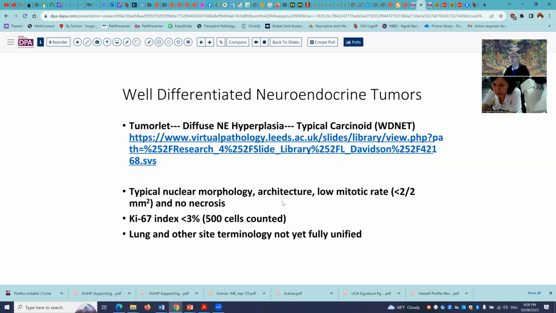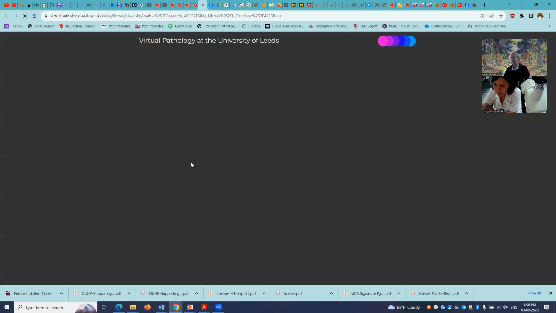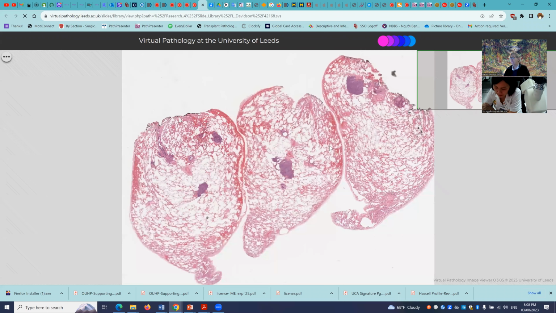So I thought we'd first start and look at the lung, and this is a very interesting case that I found online from the University of Leeds. See several small tumor nests here in multiple sections in this wedge biopsy from the lung.